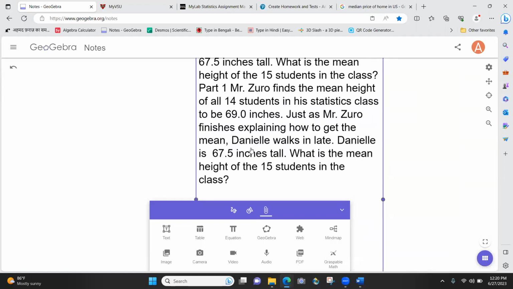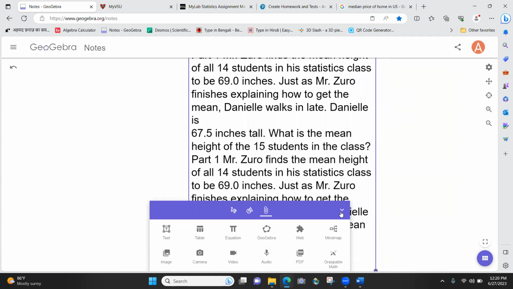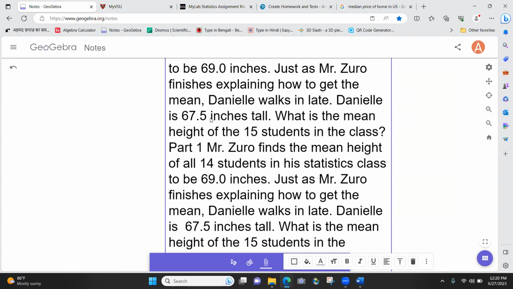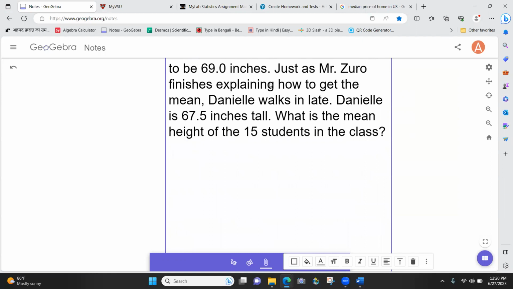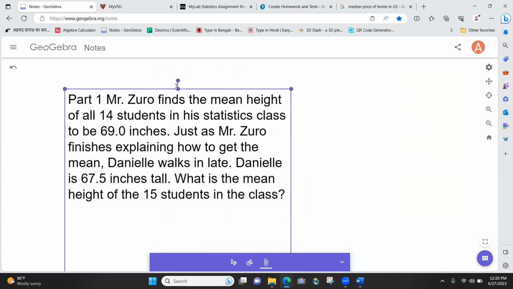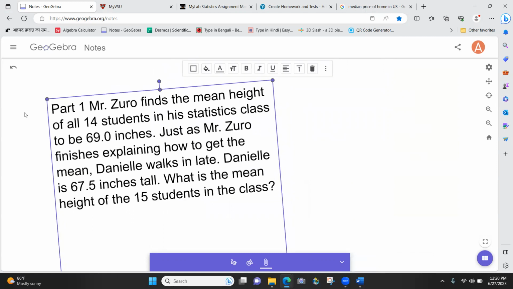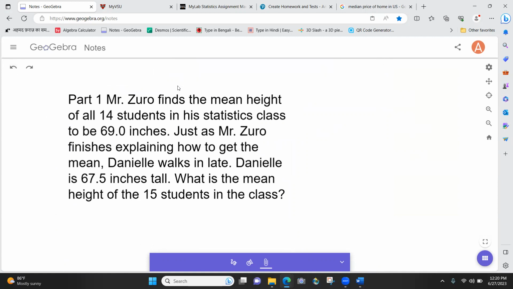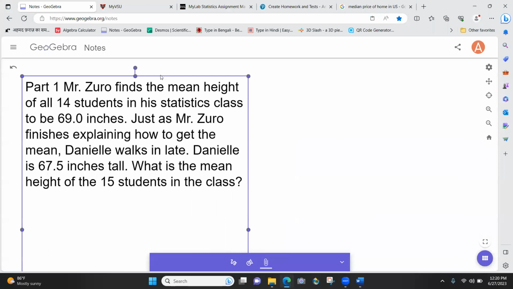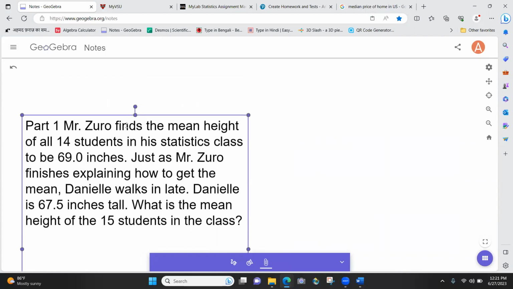Let's read it. Mr. Zulu finds the mean height of all 14 students in his statistics class.